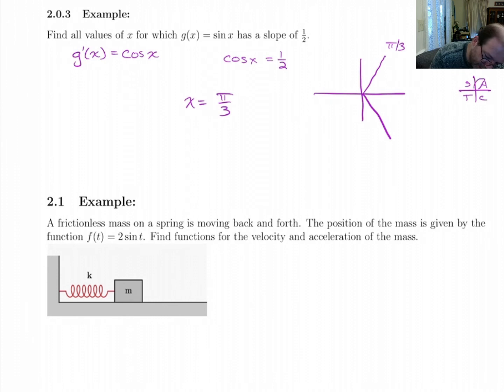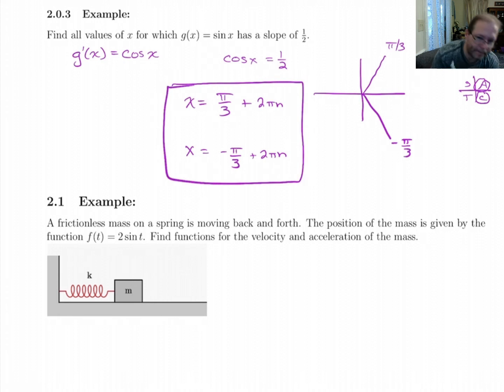This tells me that all three functions are positive there and cosine's positive there. So this would be negative pi over 3. And to both of these I'd add plus 2 pi n. So that will give us all the solutions to this.